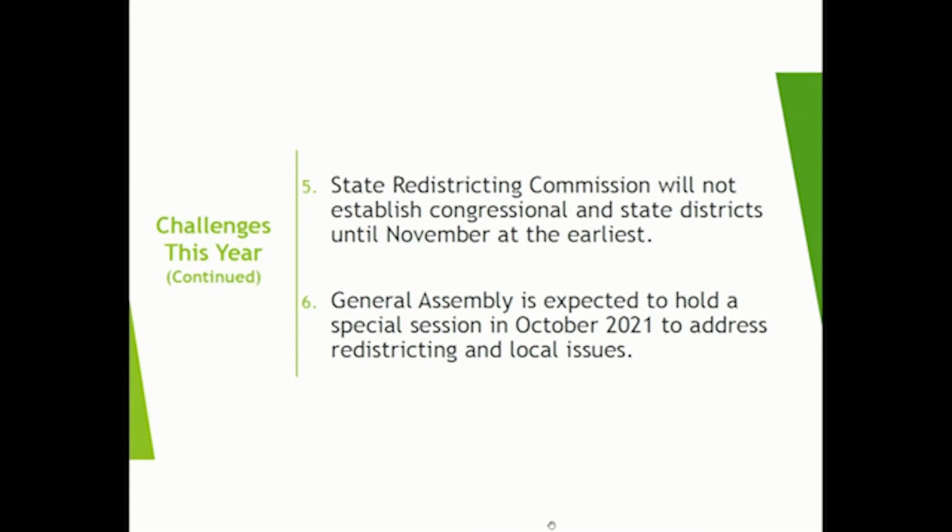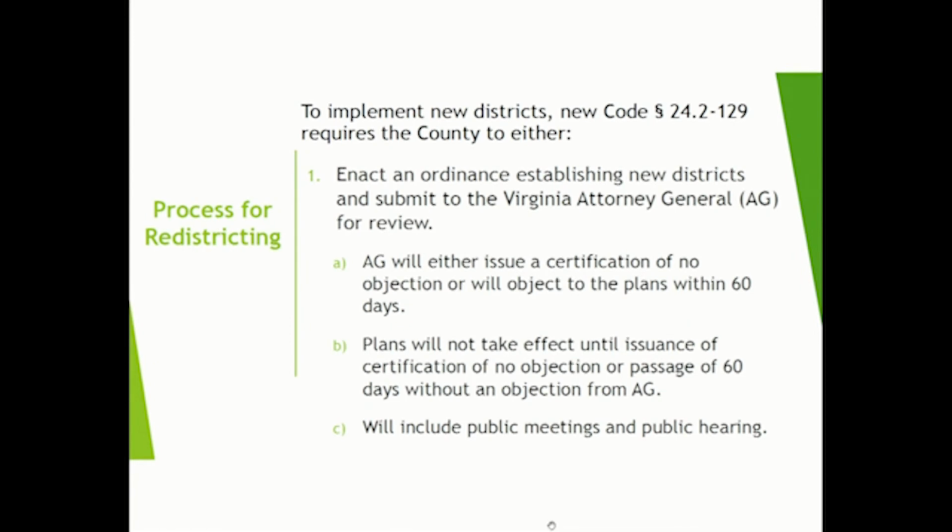But we don't think they're going to be ready to go before the General Assembly until November at the earliest, and that might even be optimistic. There's going to be a special session of the General Assembly in October. Don't know what's going to happen, but they're going to be concentrating in October on state redistricting. My guess is that they'll look at local issues at the same time. That's at least my best guess right now. So how that'll affect the timing, I don't know.